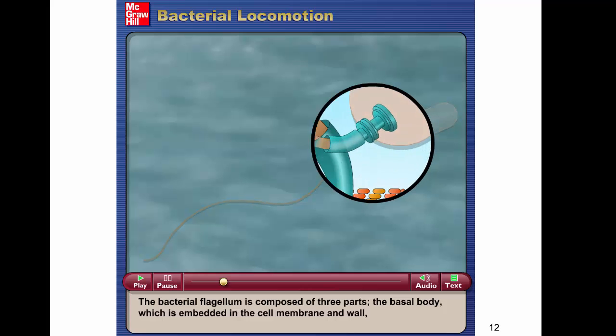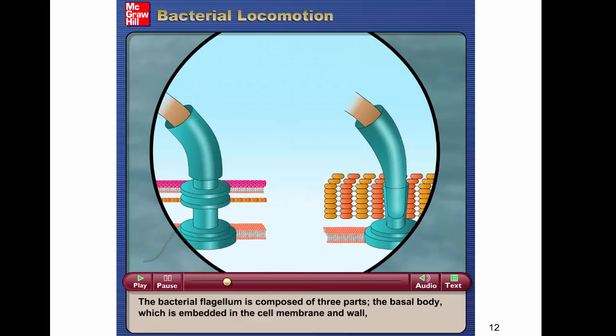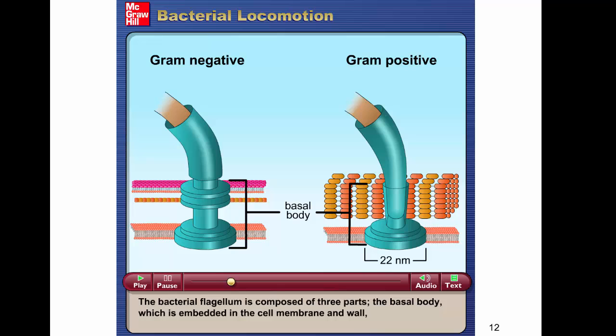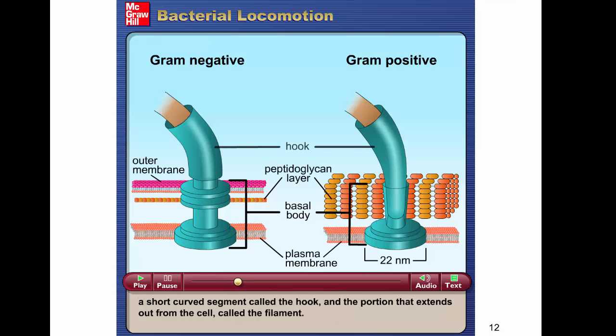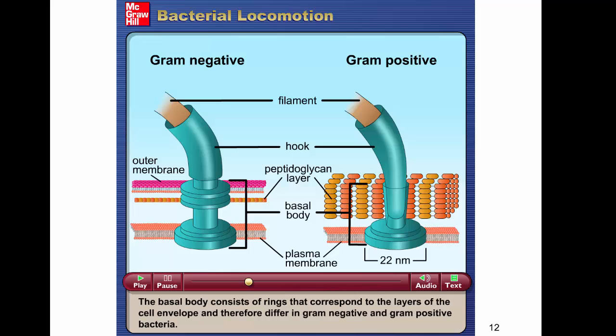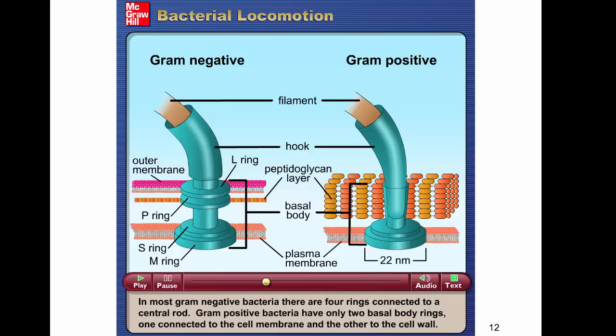The bacterial flagellum is composed of 3 parts: the basal body, which is embedded in the cell membrane and wall, a short curved segment called the hook, and the portion that extends out from the cell called the filament. The basal body consists of rings that correspond to the layers of the cell envelope and therefore differ in gram-negative and gram-positive bacteria. In most gram-negative bacteria, there are 4 rings connected to a central rod.